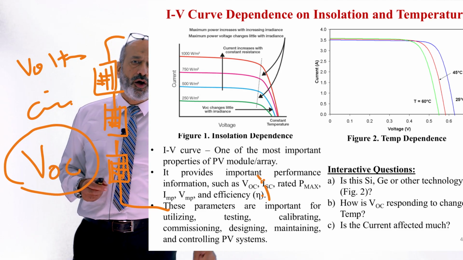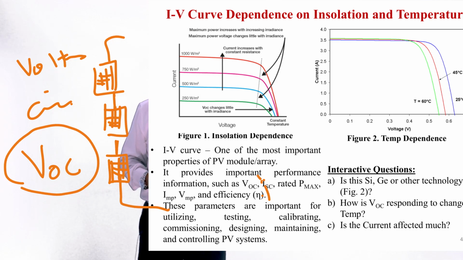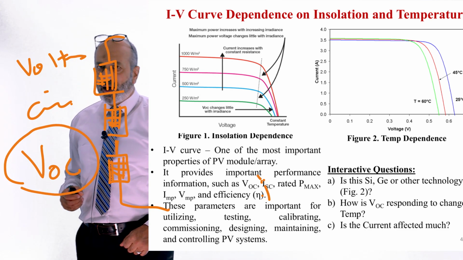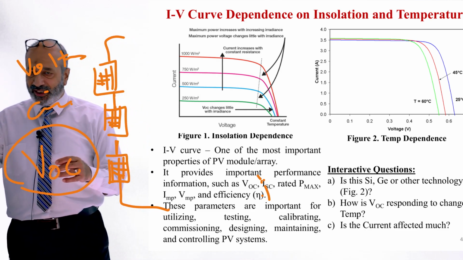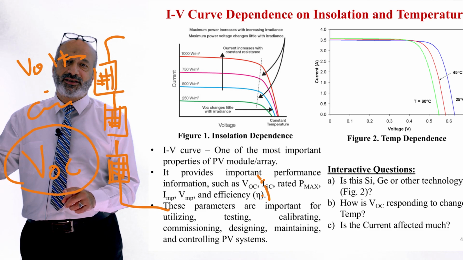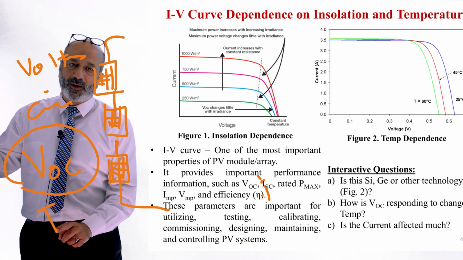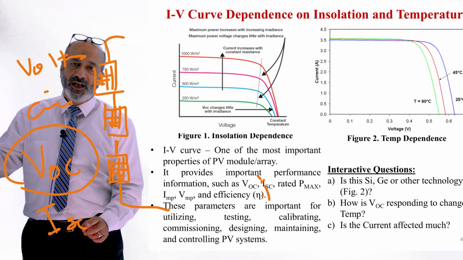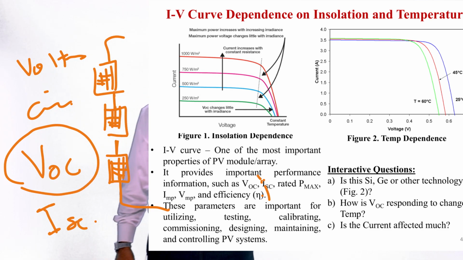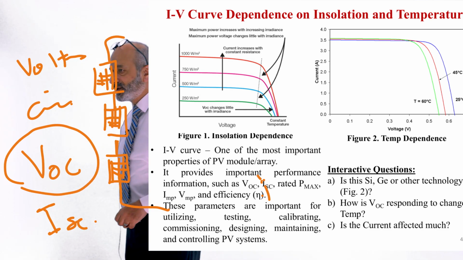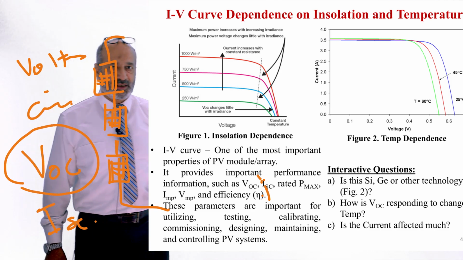We cannot say open circuit current because current doesn't flow in the open circuit or in the air or space. So it needs to be short-circuited. So that's why we call it I short circuit. So this IV characteristics is the V open circuit and I short circuit characteristics.